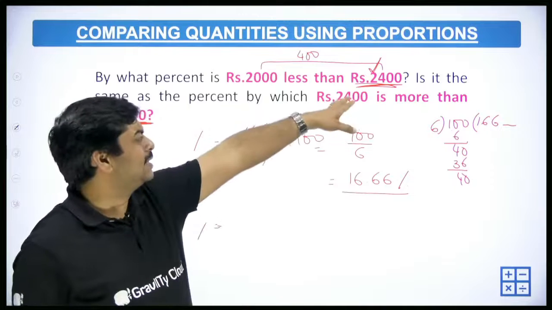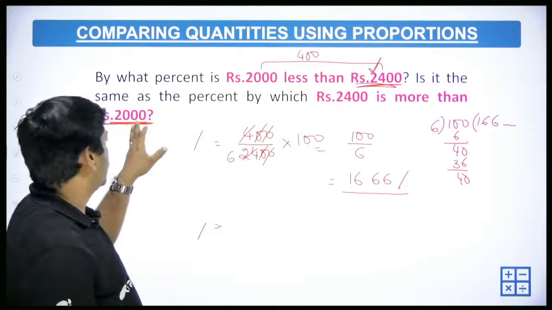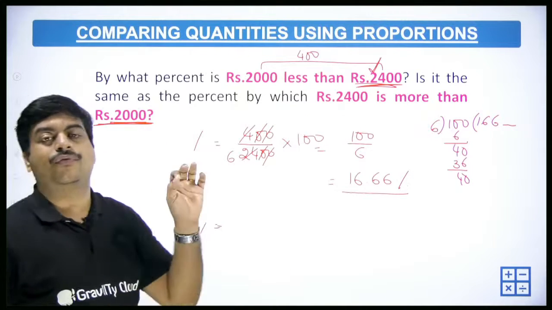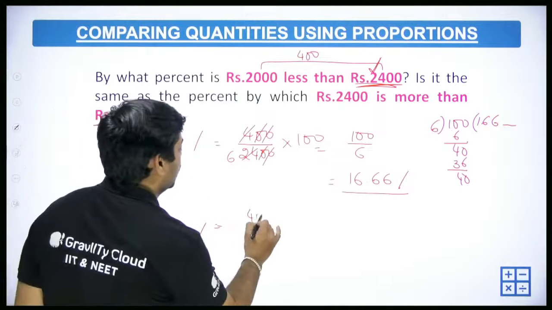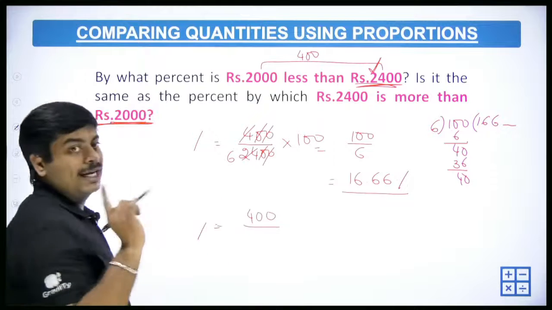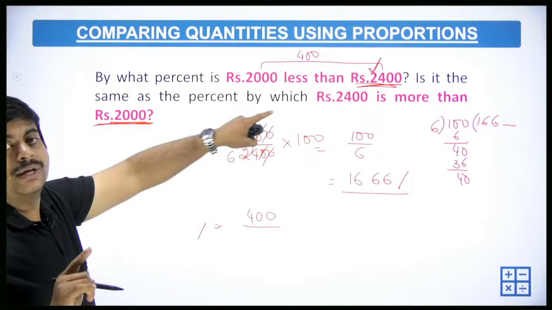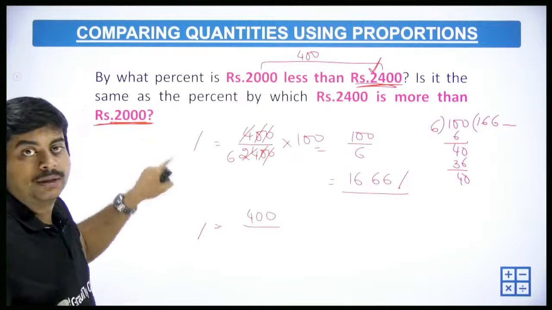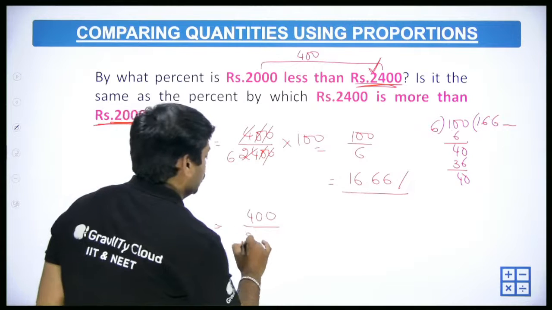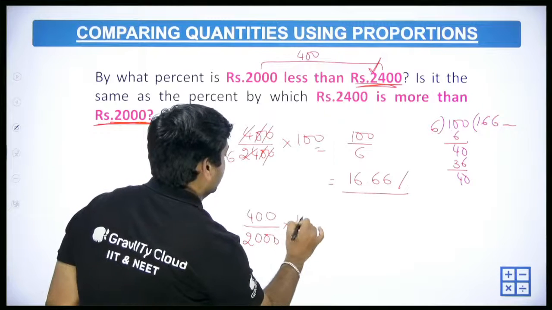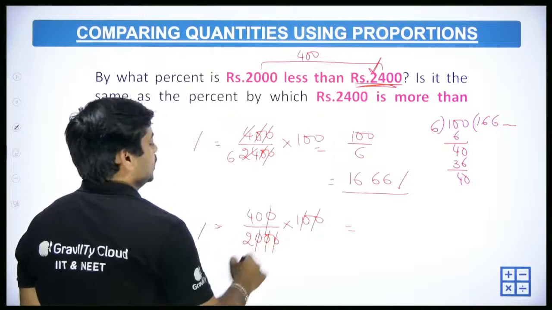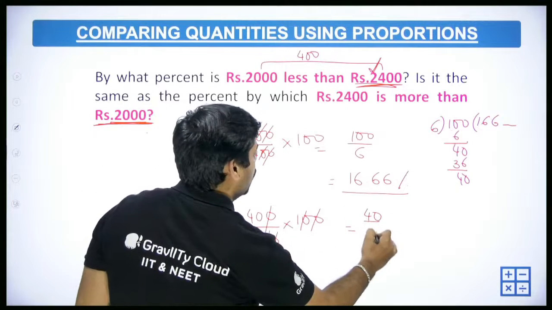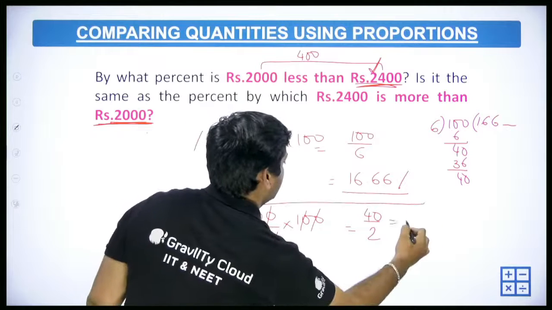You can easily see that there is a difference of 400. So 400 by, and now it is very important, again, don't get confused. Now the comparing quantity is 2000. So 2000 into 100. The zeros get cancelled. 40 by 2, which is 20%.